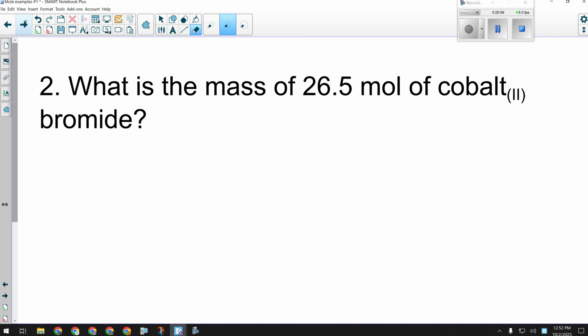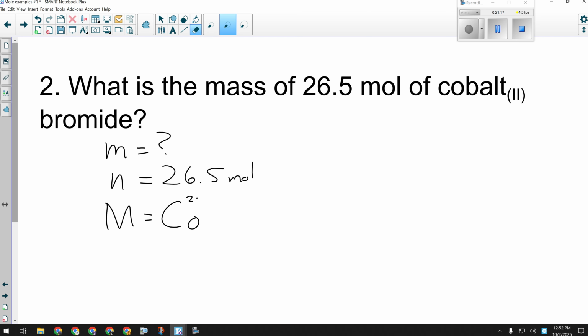All right, so number 2, we're being asked to calculate the mass, okay? And they tell us the number of moles, 26.5. That's a lot, okay? That's a lot of moles. Of cobalt 2 bromide. So they do give me the ability to calculate the molar mass. Cobalt with the 2+ charge, with bromine, which is a -1, drop and swap.